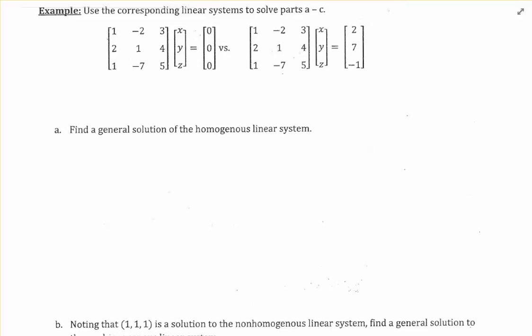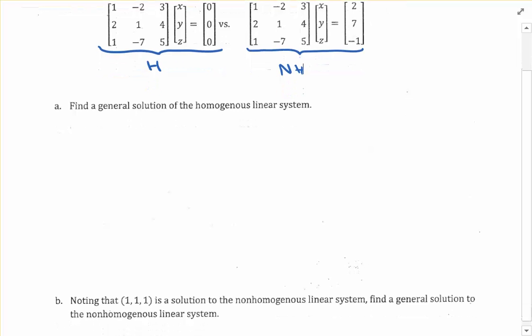If you look at the coefficient matrix in each of these, they're exactly the same. Of course, the major difference is that one would be homogeneous and the other would be non-homogeneous. In particular, the system on the left is a homogeneous linear system, which I'll just write as capital H, and then this one would be non-homogeneous.